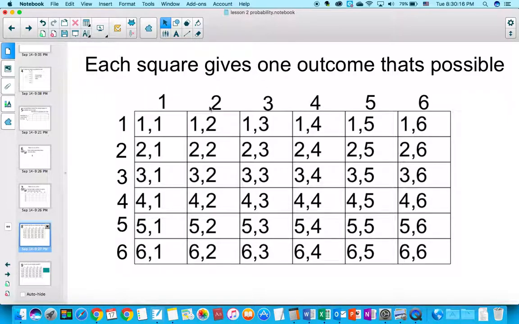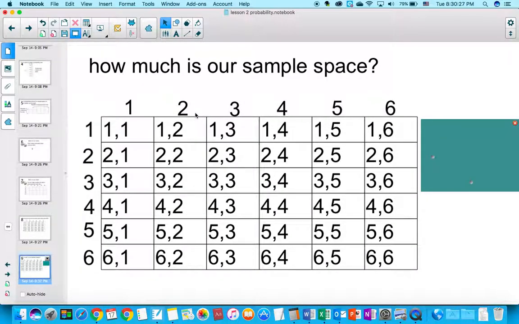So in this case, we're using 2 dice. So it's giving us every outcome for rolling 2 dice. Okay, well then what is our sample space? Well, you could easily count it up 1, 2, 3, 4, 5, 6, and just keep going through it. Or you could use some multiplication. Now, this is an example of where your previous multiplication practice comes in handy, right? You have a row of 6.